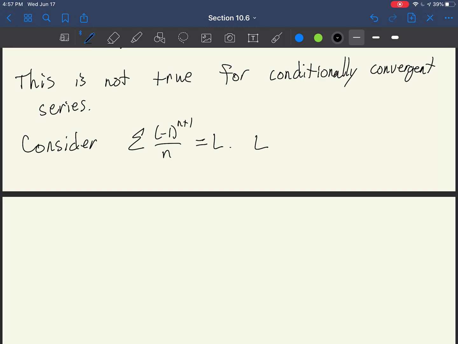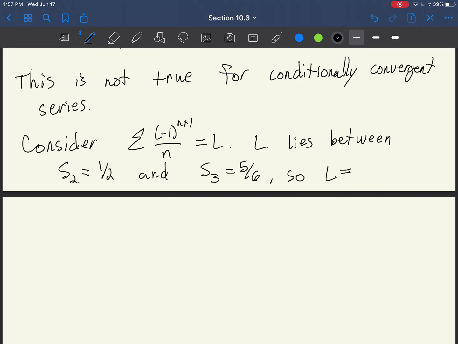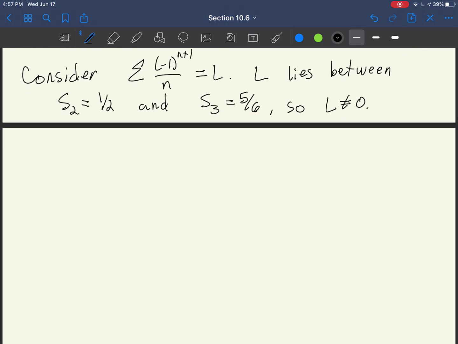So since this is an alternating series, we know that what this sums up to, L, has to lie between S2, which is 1/2, and S3, which is 5/6. In particular, if it lies between those two, those are both positive, then we know that L does not equal 0.